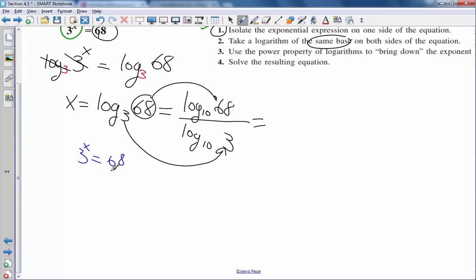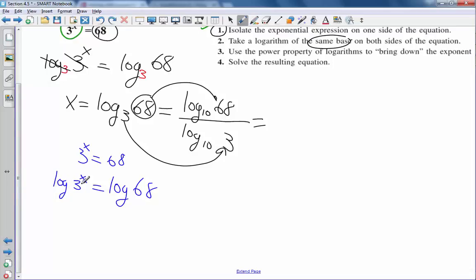This time, I'm going to use log base 10, or just log. That means base 10. Alright? This time, can I do that? Can I cancel them? No, you can't, because this is base 10, this is base 3. I can't.